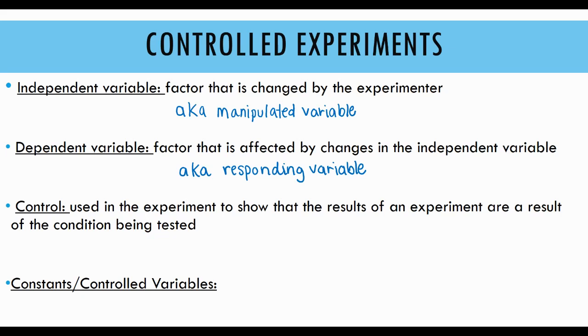Next variable that we have in experiments are our constants or controlled variables. These are not to be confused with the control, but these are the variables that you need to keep the same between the control group and the experimental group. So going back to my studying with the music question, the control group has no music. The experimental group gets the music. But what things should we keep the same between them?